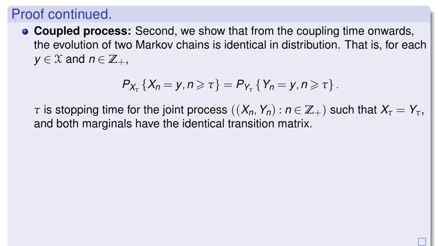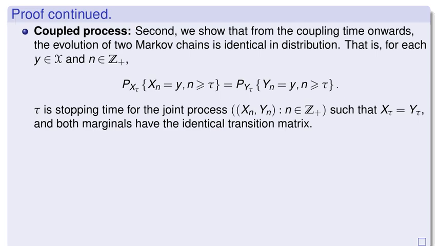That is, for each state y in 𝒳 and any non-negative integer n, the probability starting from X_τ, P_{X_τ}, that Xₙ = y given n is greater than or equal to τ, is the same as the probability starting from Y_τ, P_{Y_τ}, that Yₙ = y given n is greater than or equal to τ.